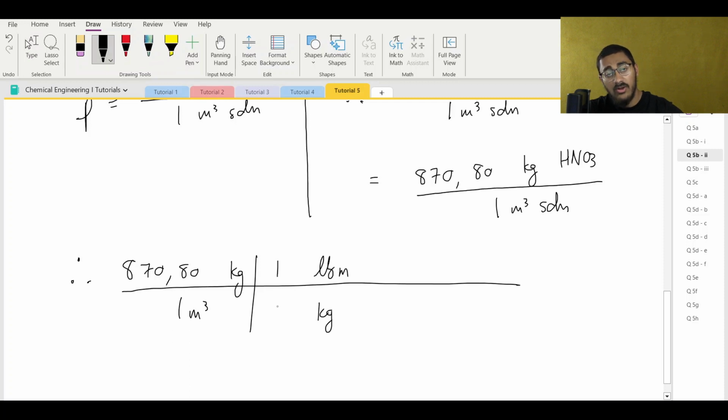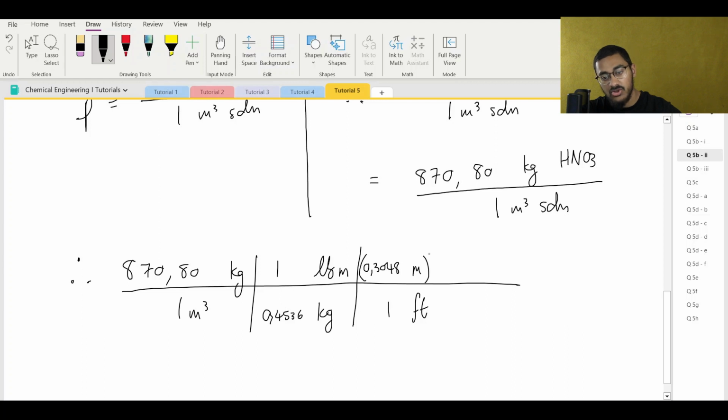I know that 1 pound mass is around half a kg or 0.4536 kilograms. Next, I'm going to write cubic meters at the top because I want cubic meters at the top to cancel with cubic meters at the bottom. And I want to convert it into feet. Okay, I know that 1 foot is around 30 centimeters or 0.3048 meters.